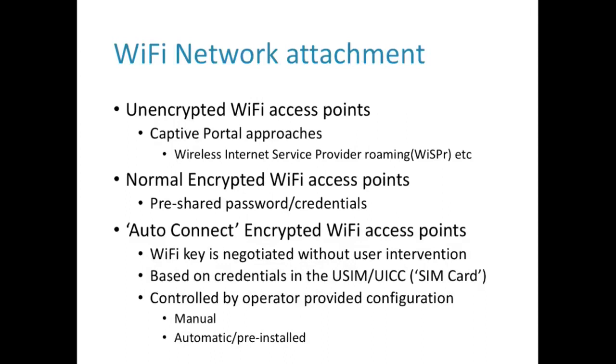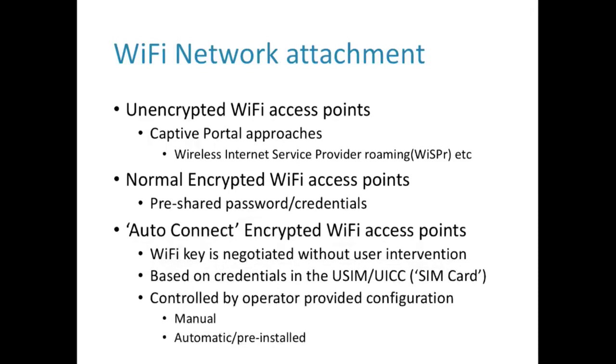Normal encrypted Wi-Fi access points are sort of pre-shared password credentials which are used to get you connected. And then there are these auto-connect Wi-Fi access points. Companies run some of them, but there are different ways automatic Wi-Fi access points work.